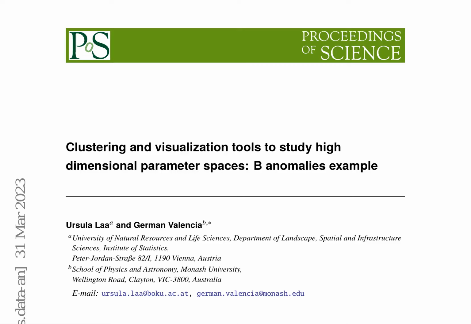The research paper explores the application of a clustering algorithm to differentiate between various models in the context of high-dimensional visualization of observables related to the b to s transition. This method enables the identification of distinct clusters within the dataset, providing insights into the relationships between different models and their predictions.